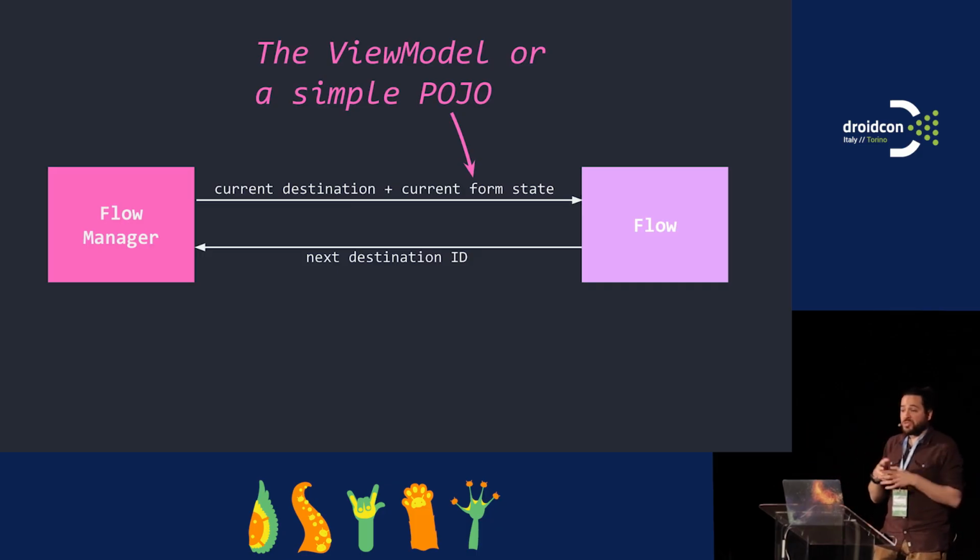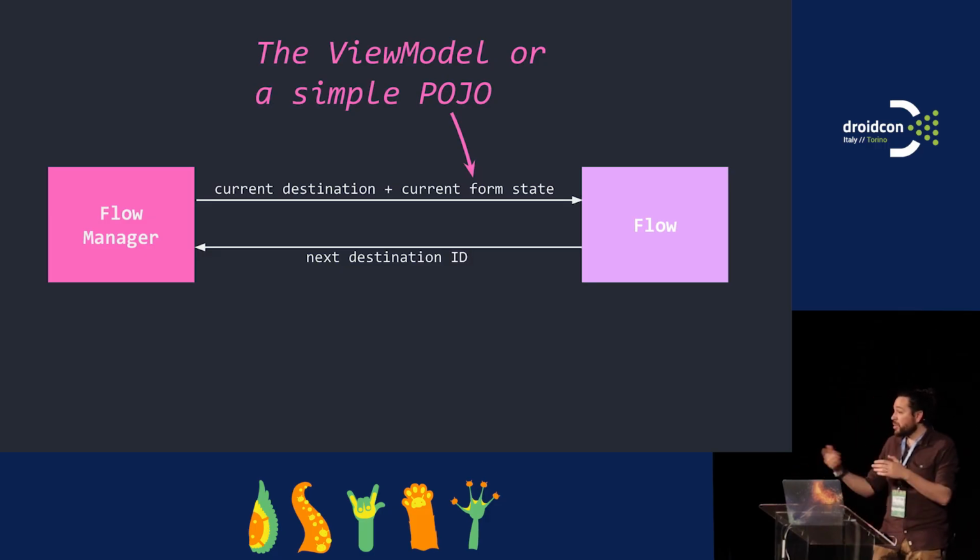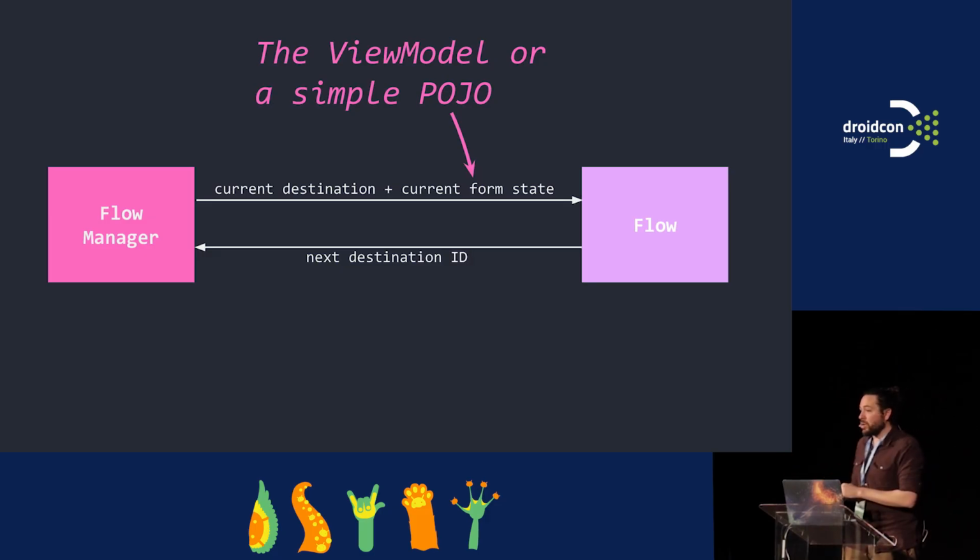In our case, it was the form, because our user was filling a form, and this form was able to give us what's needed to implement all the business rules to tell what's the next action to do. But you can also pass the view model. In some features, we just passed the view model because we needed it.